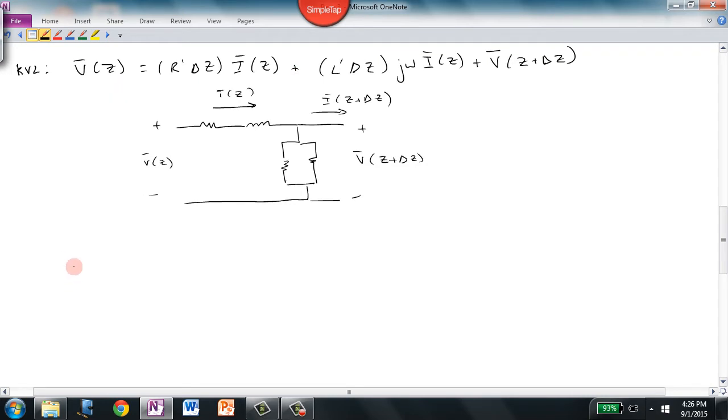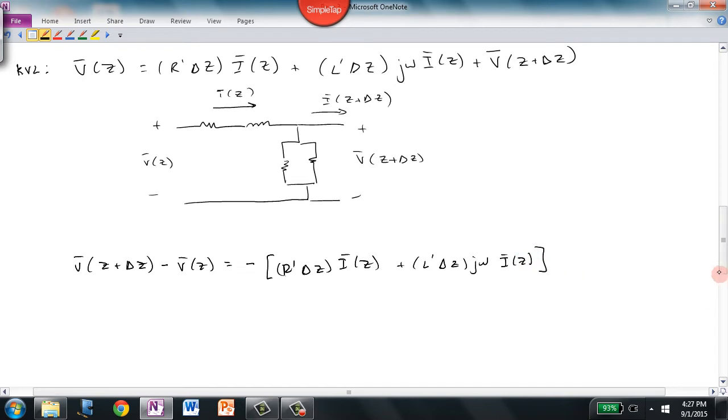So if we were to do that, we would see that V of Z plus delta Z minus V of Z. So I've just moved this to the same side as V of Z plus delta Z is going to be equal to minus R prime delta Z times the phasor current plus the total impedance of the reactive element times the phasor current as well.